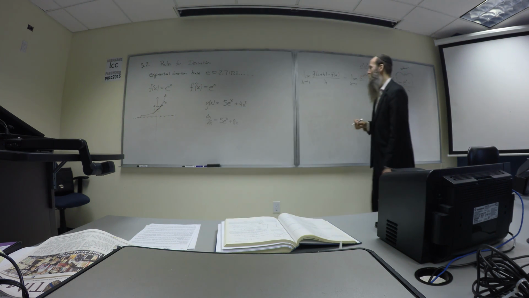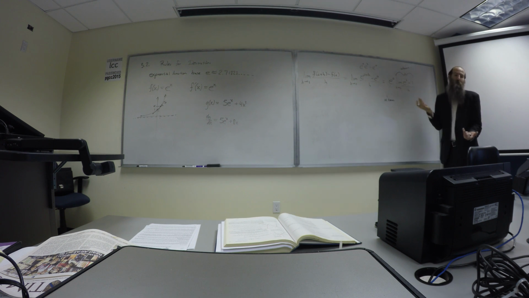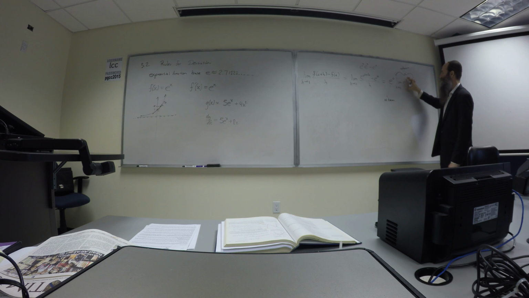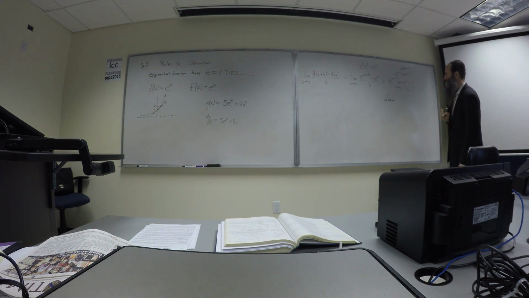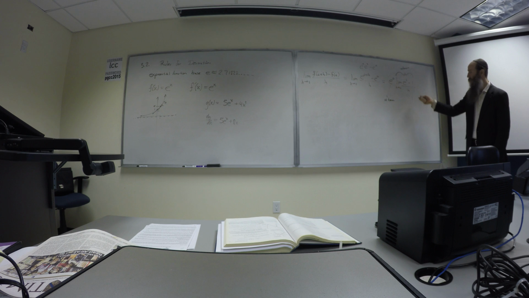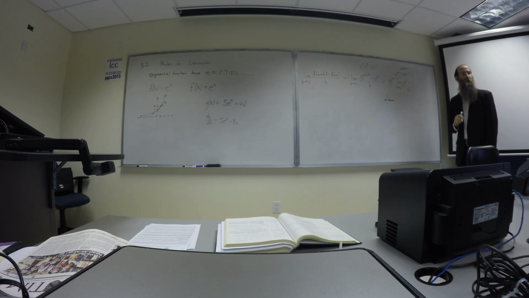So we pretend e is some base, I don't know what it is. When you try to compute the derivative, you get to this expression, which I don't know how to compute. It's a very difficult limit to establish. So what we do is we say, you know what? We're going to say this limit equals 1. What has to happen to make that true? e must be something special.